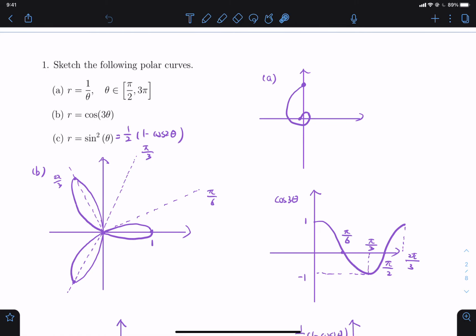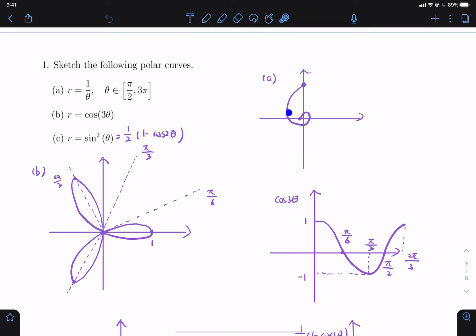So the distance is this r here, and you see that r is equal to 1 over theta, which is a reciprocal function. So as theta increases, the distance actually decreases. So you can anticipate that when you rotate this point counterclockwise, the distance gets smaller and smaller. So this point is getting closer and closer to the origin as you rotate it.